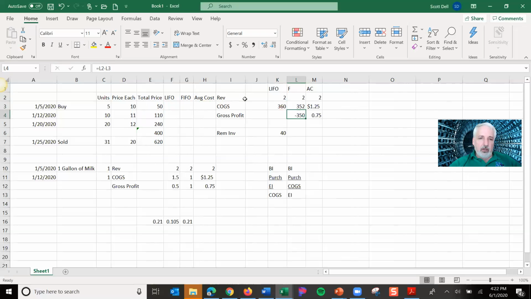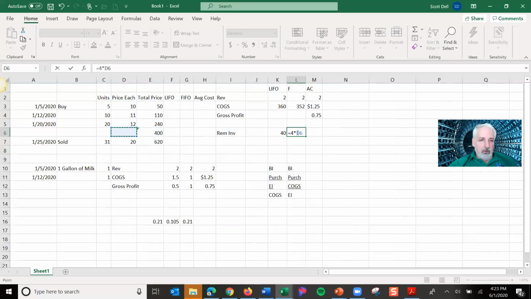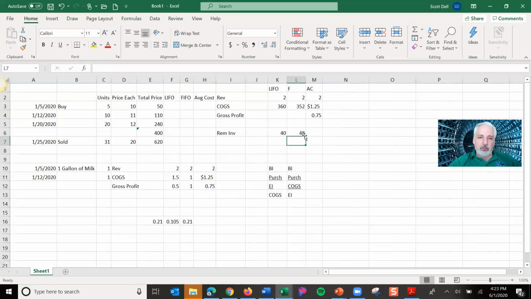So I've got $352 associated with that inventory cost, not 360. And then I say, well, if I got 4 left, I've got 4 times those $12 units. And I got $48 in my inventory. So does that add up to 400 again? 352 plus 48? Sure enough, that adds up to 400.